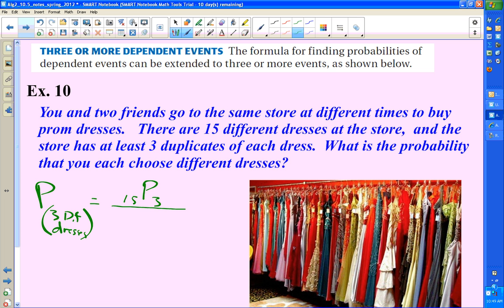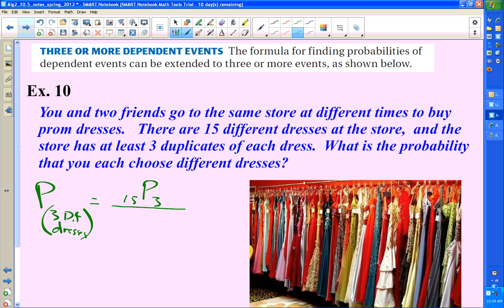There could be a million dresses here. We're just talking about if there's enough so that everyone could get the same. How many ways are there for the three of you to choose dresses? You're misunderstanding my question.